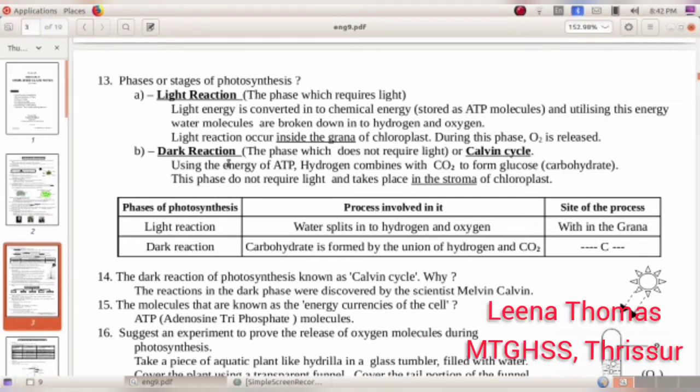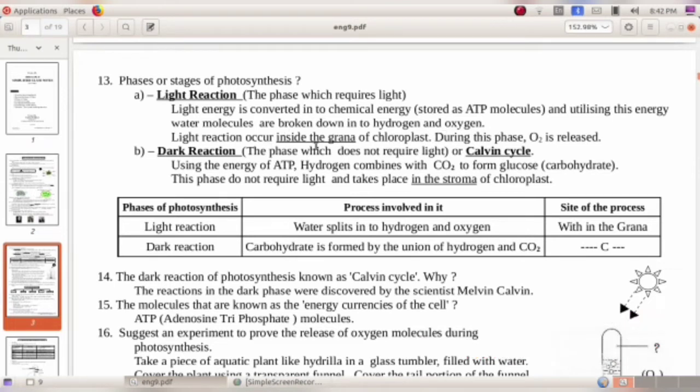And utilizing this energy, water molecules are broken down into hydrogen and oxygen. Light reaction occurs inside the grana. Dark reaction is also called the Calvin cycle. Using energy of ATP formed from the light reaction, hydrogen combines with carbon dioxide to form glucose or carbohydrate. This phase does not require light and takes place in stroma.